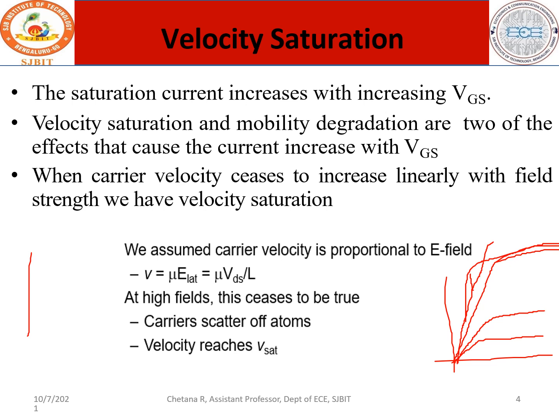Already I have told you v is given by mu into VDS by L, and when it is a strong field, this ceases to be true. Carriers scatter here and there and velocity reaches saturation. So whenever there is a high electric field, the velocity of the carriers reaches saturation.